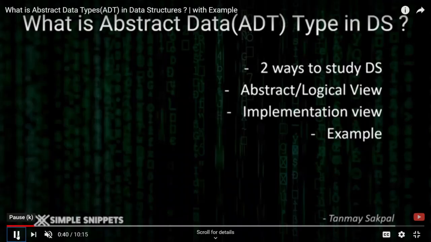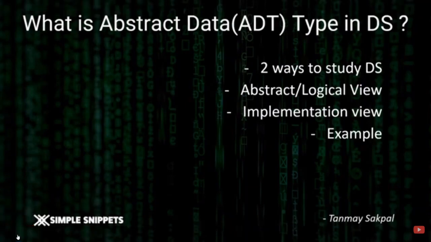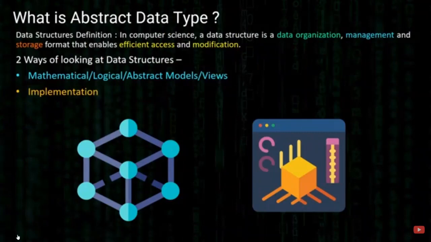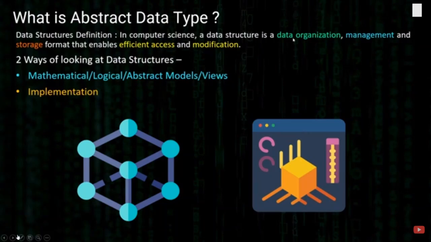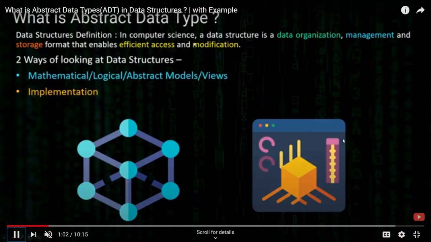The next topic we are going to see is ADT, abstract data type. What is an abstract data type? Data structure definition: in computer science, a data structure is an organization, management and storage format that enables efficient access and modification.